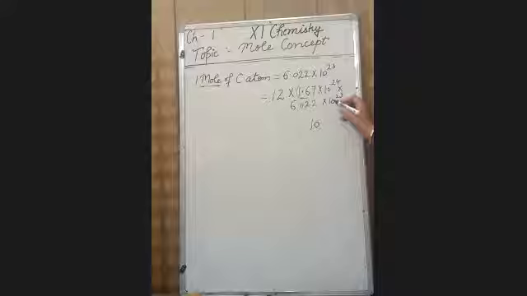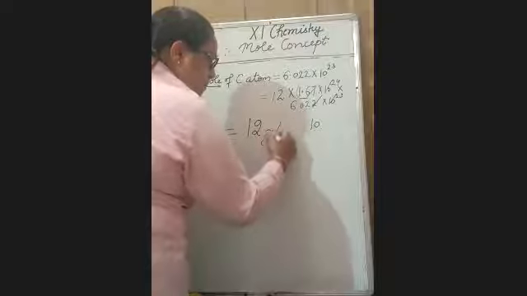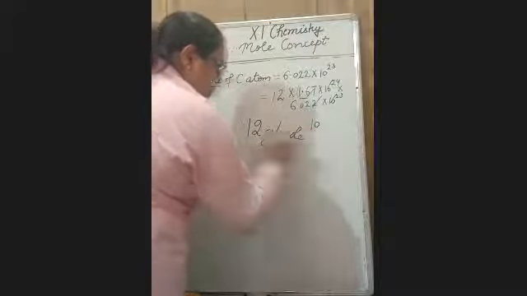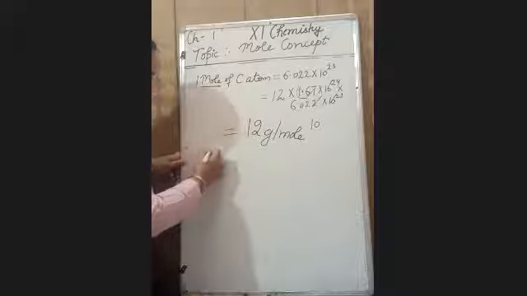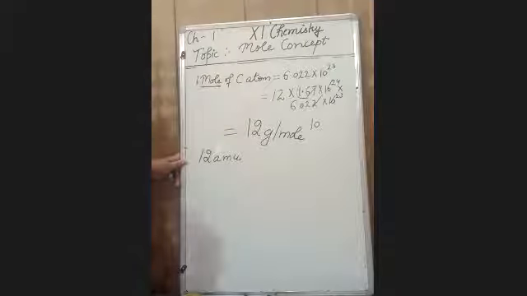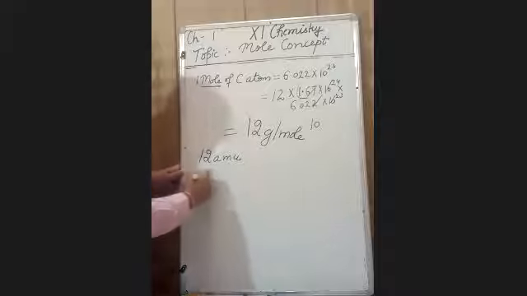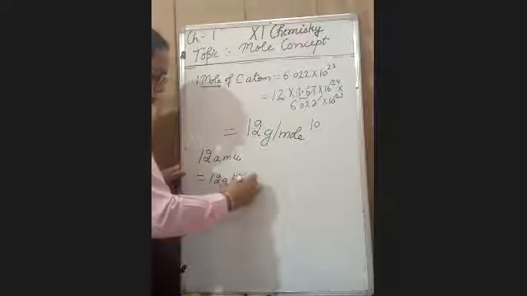So it will be 10 raised to power 24 multiplied by 10 raised to power minus 24. These terms will cancel out and it will come out to be 12 gram per mole. The atomic mass of 1 carbon atom is 12 AMU, and for 1 mole of carbon atoms, it is 12 gram per mole.